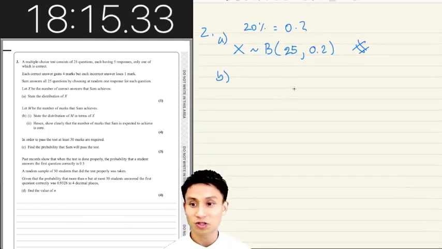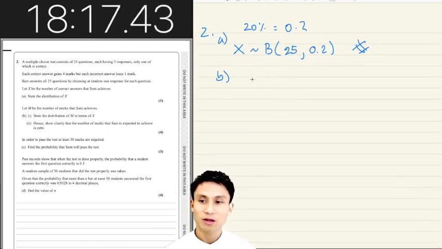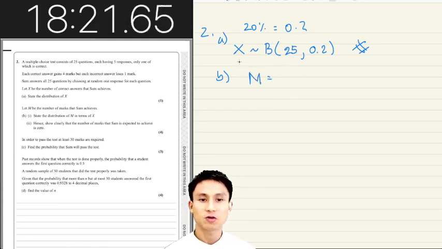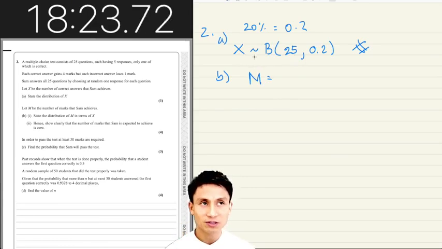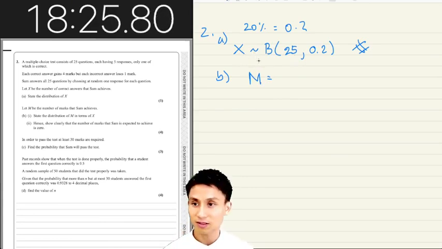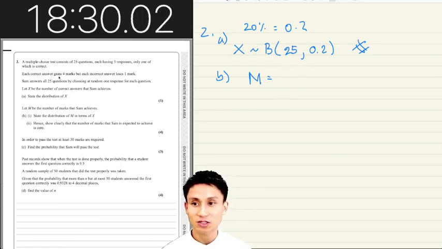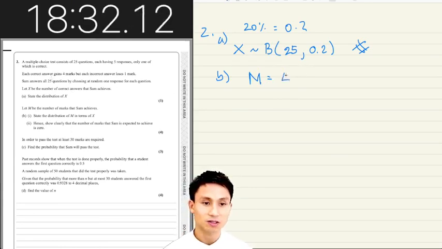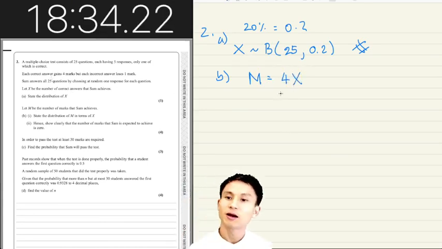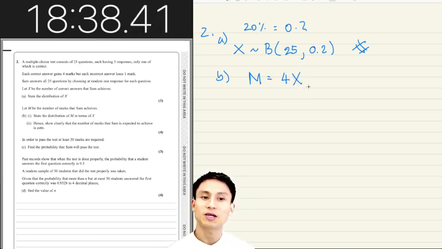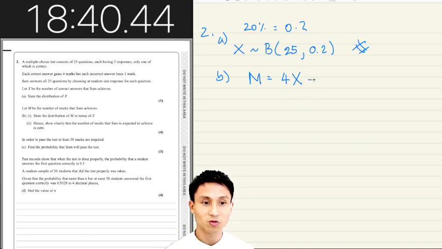State the distribution of M in terms of X. So M here will be equal to, if X represents the number of correct answers, we have to multiply X by 4 because each correct answer gains 4 marks. So 4X there. But then he would lose 1 mark for each wrong answer. So we've got to do minus, right?